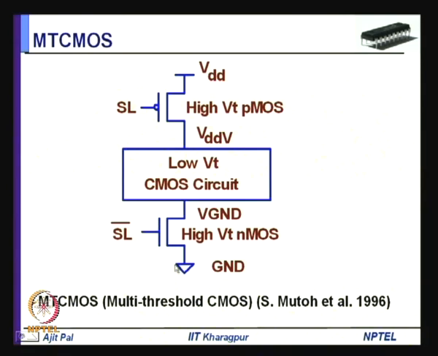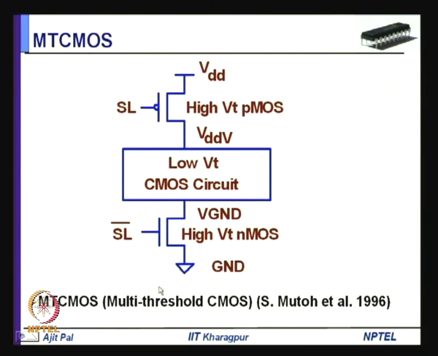So, one PMOS and one NMOS transistor are added in series with these two, and this was published in a paper by Mutoh et al. sometime in 1996, and they introduced the term multi threshold voltage CMOS, the MTCMOS technique.